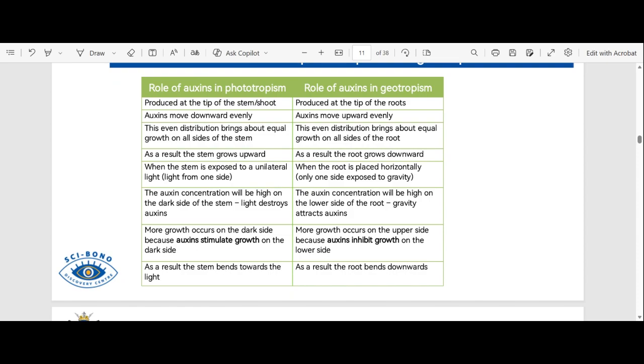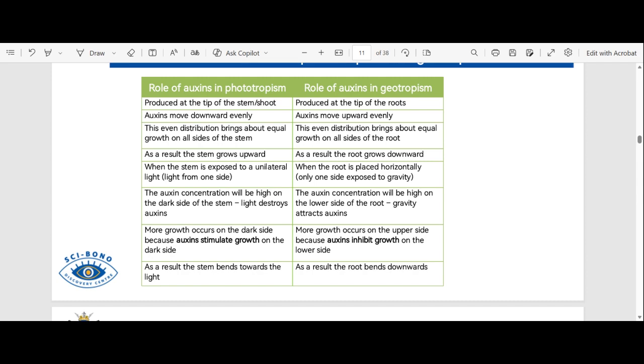This happens when they're exposed to uniform light, obviously. This even distribution brings about equal growth on all sides of the stem. It will cause the stem to grow upwards, because remember, the function of the auxin is to stimulate cell elongation for the stem to grow.